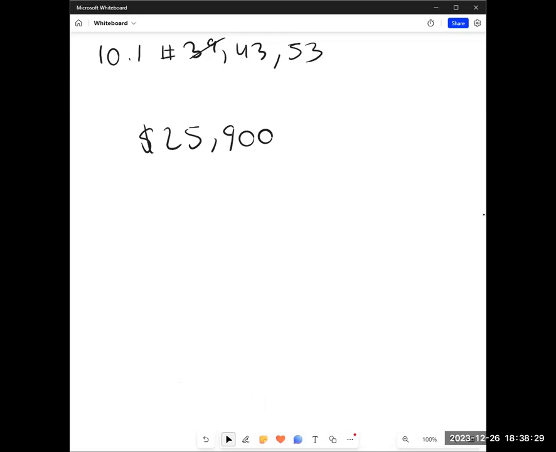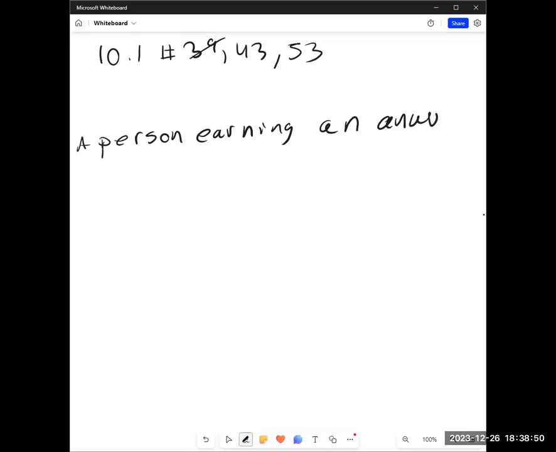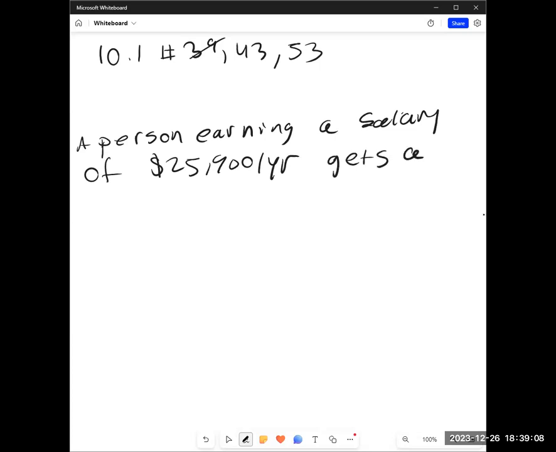A person earning an annual salary of $25,900 a year gets a 5% pay raise.